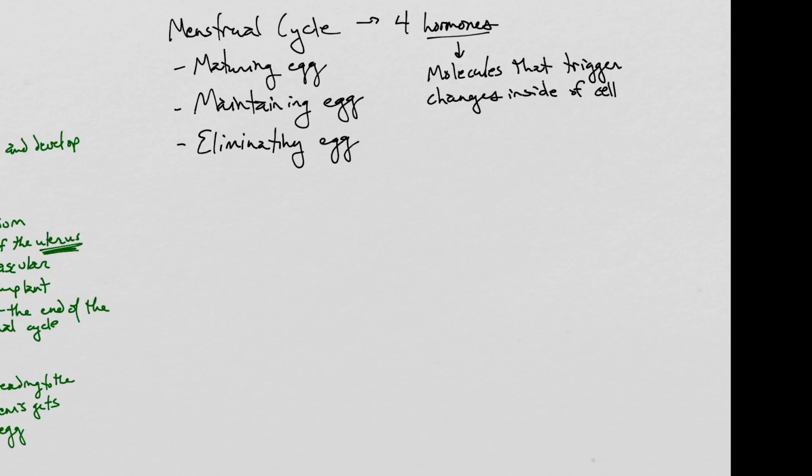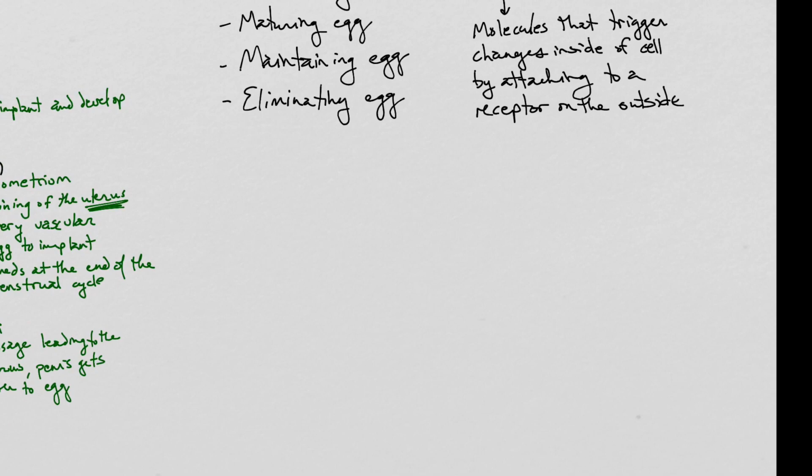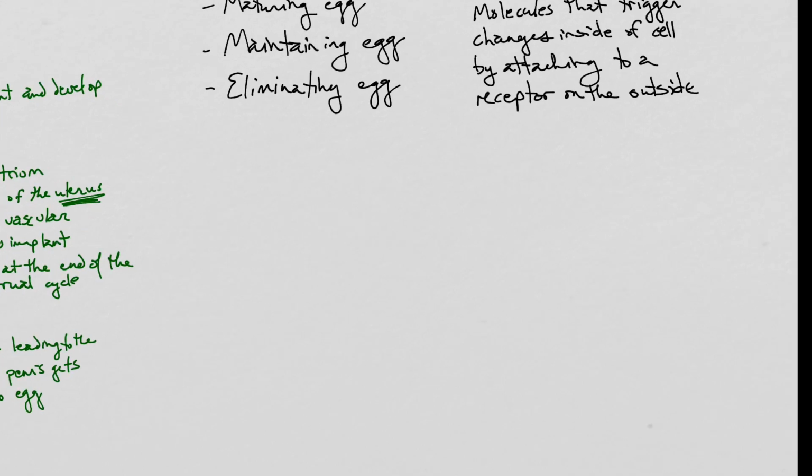Triggers a change inside of the cell by attaching to a receptor on the outside. So there's 4 hormones that contribute to the menstrual cycle inside of a female.